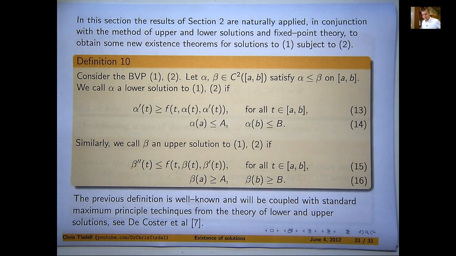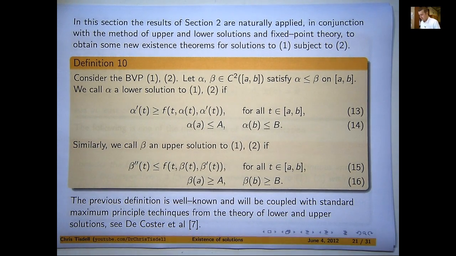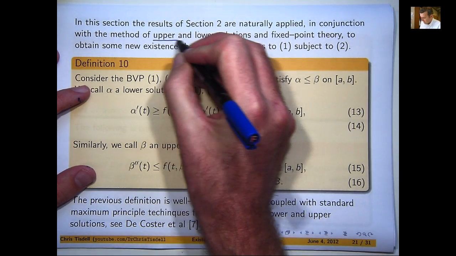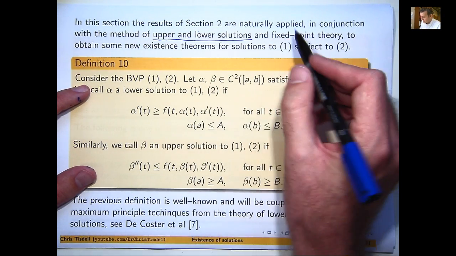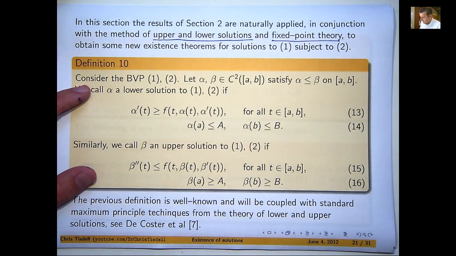Okay, so let's move on to section 3 here. I've spent a fair bit of time talking about these a priori bound results. Now what we're going to do is see how to apply them to generate theorems that guarantee the existence of at least one solution to our original boundary value problem. Now the ideas involve upper and lower solutions and so-called fixed point theory.